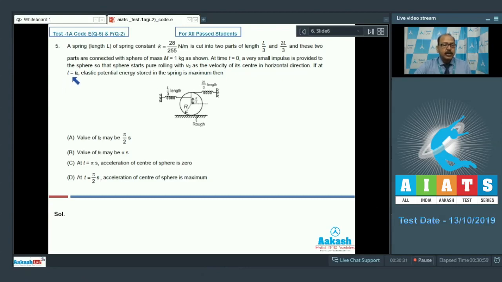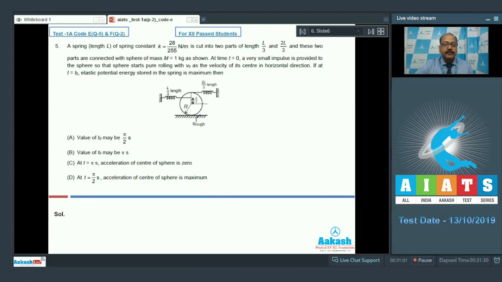If at t equal to t0, the elastic potential energy stored in the spring is maximum, then the options are: value of t0 may be pi by 2 second; value of t0 may be pi second. Option C says at t equal to pi second, acceleration of the center of sphere is 0, and option D says at t equal to pi by 2 second, acceleration of the center of sphere is maximum.